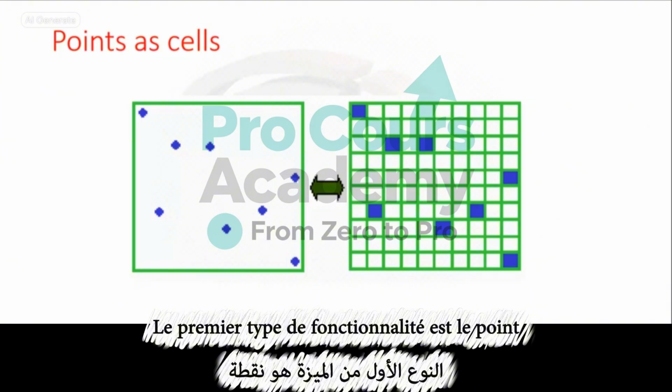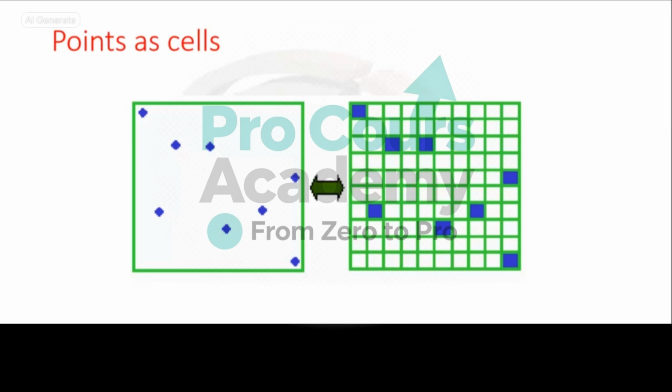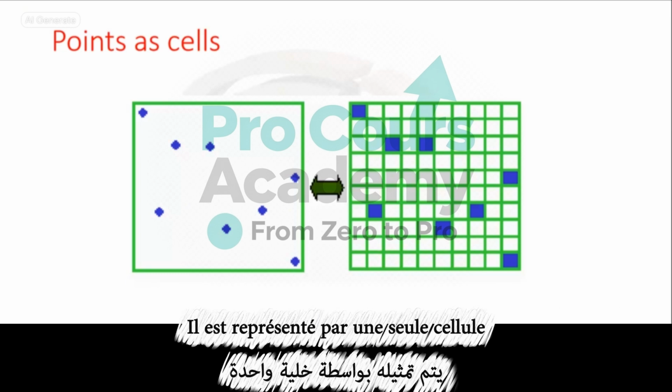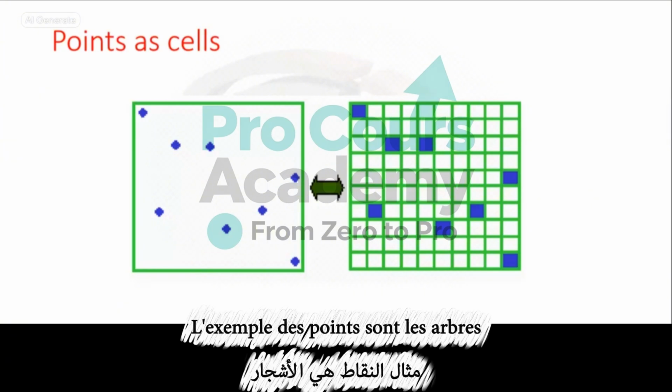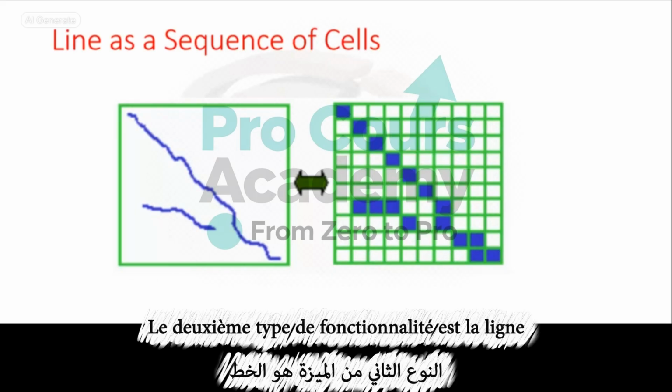The first type of feature is point. A point in vector data is represented by a single dot, whereas in raster data, it is represented by a single cell. Examples of points are trees, temples, etc. The second type of feature is line.